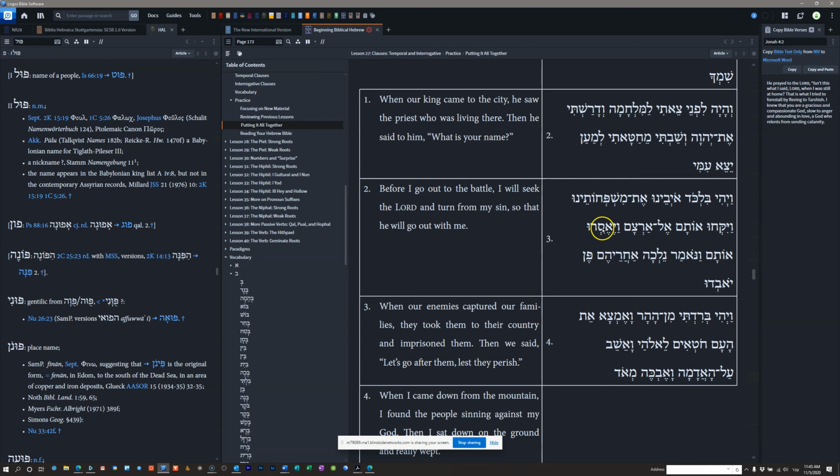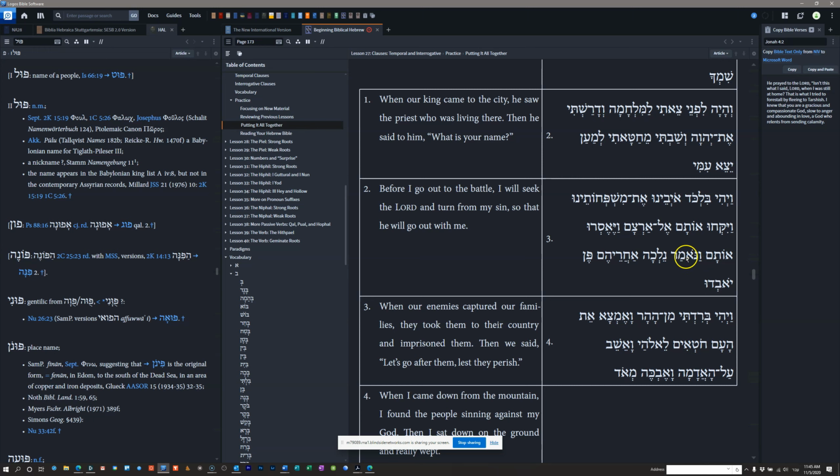So asar, he imprisoned or he bound. 3MP in the Qal imperfect, they will imprison, but with the vav relative, and they imprisoned them. So when our enemies took our families, they took them to their land, and they imprisoned them.